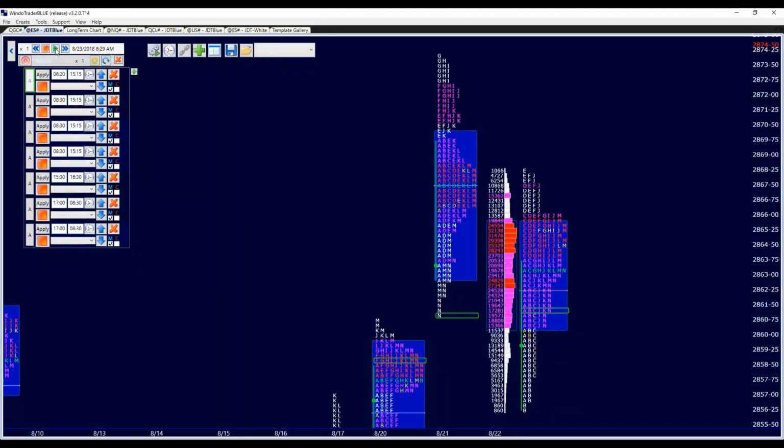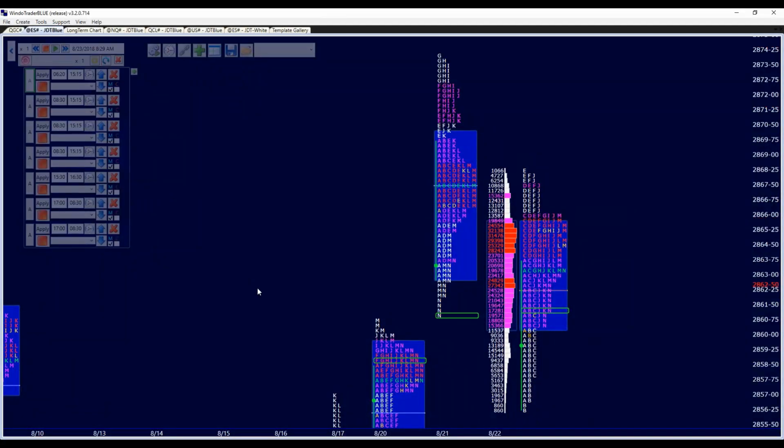All right. The first thing you do prior to the market opening is you look at the overnight trade, the electronic trade from overnight, and just a couple minutes before the opening, you can see where the last trade is overnight. That's going to give you a pretty close idea or approximation of where we're going to open.